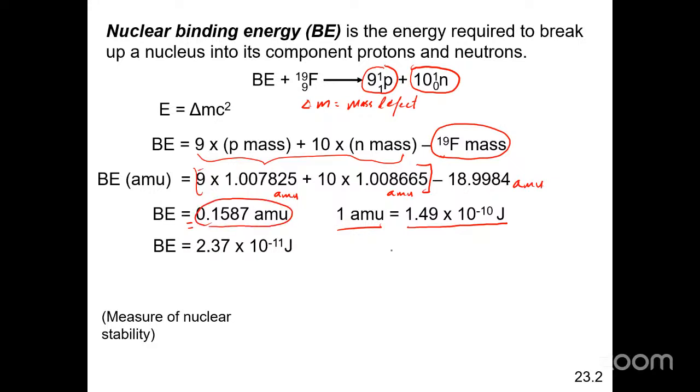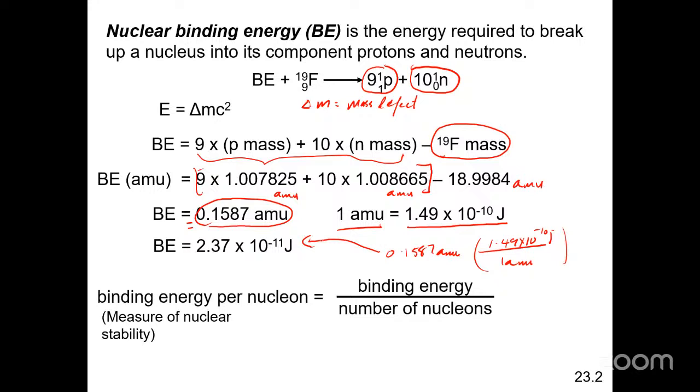So in other words, 0.1587 AMU multiplied by 1 AMU down here and 1.49 times 10 to the minus 10 joules above. And when you work that out, that gives you this value right here. So that represents the binding energy of the nucleus, right?